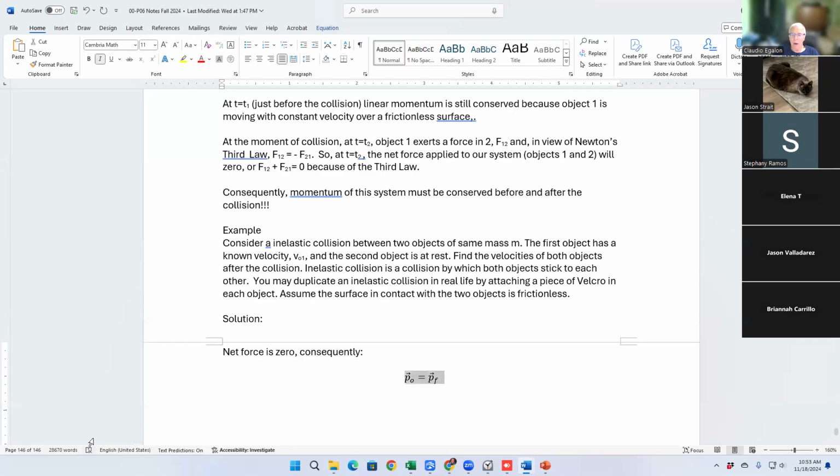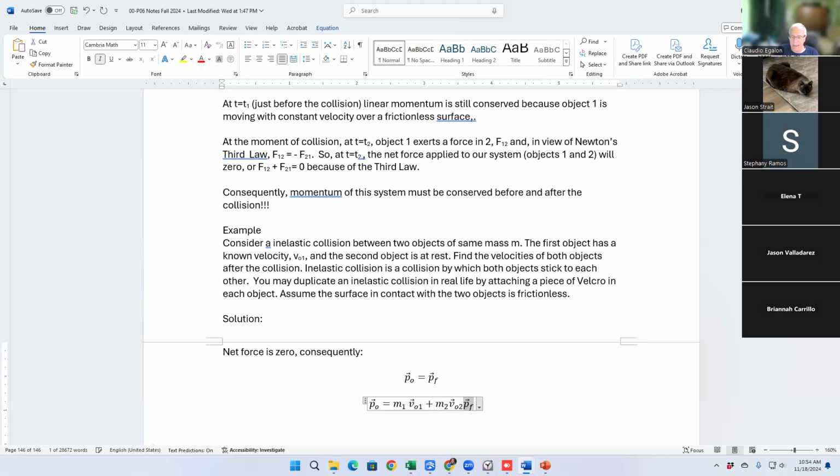When we are talking about the momenta here, we're talking about the net momentum. Initial momentum means mass of 1 times initial velocity of 1 plus mass of 2 times initial velocity of 2.